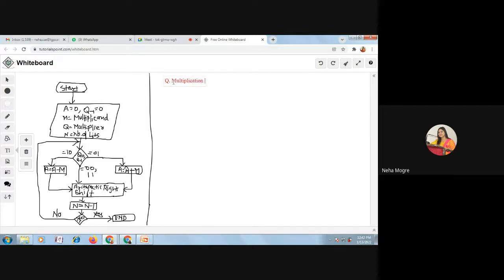Multiplication of two signed binary numbers. In this case, we are going to take the example as suppose 7 and 3. So you know the answer, 7 times 3 is 21. Let us check whether we are getting the answer as 21 or not.